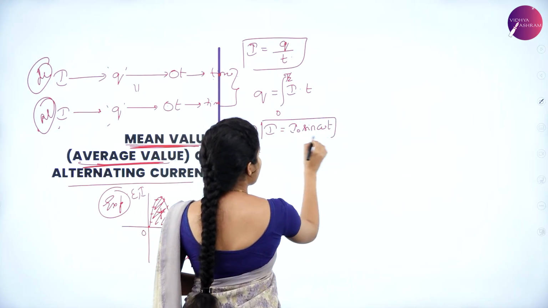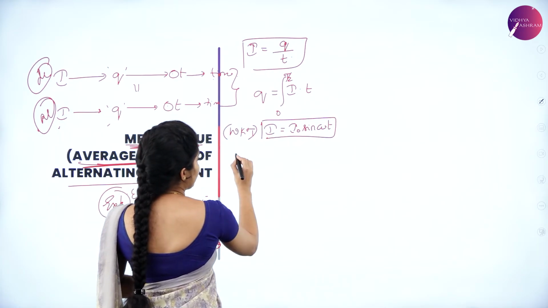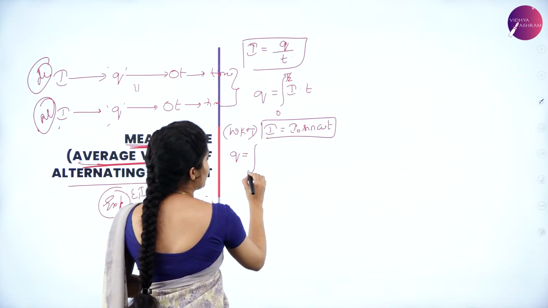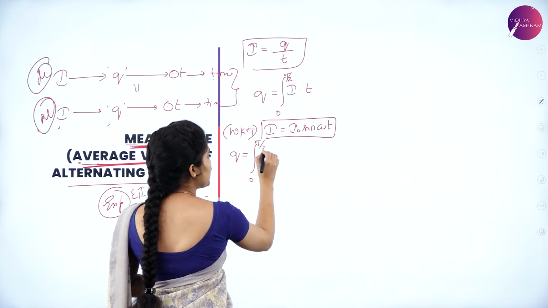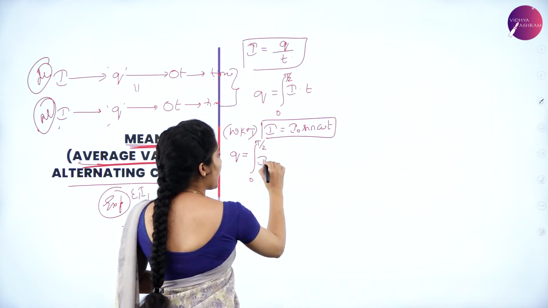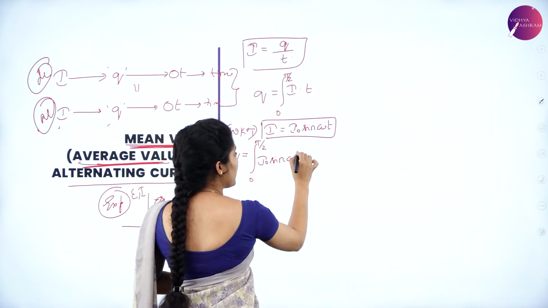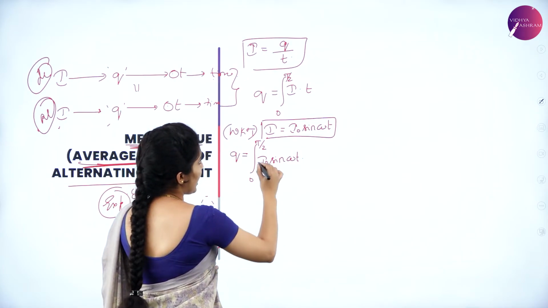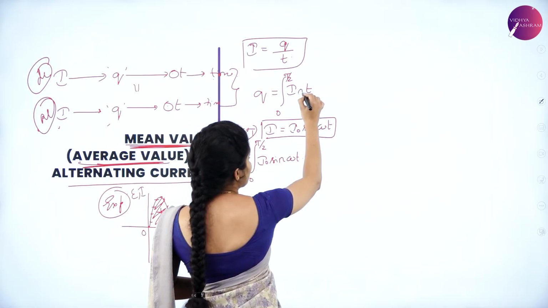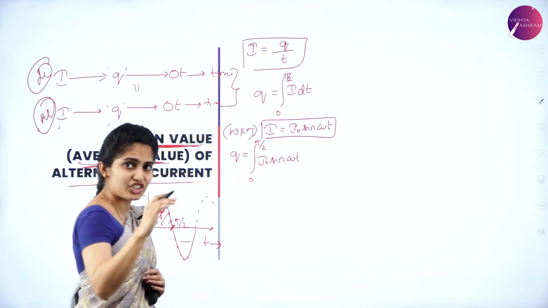So substituting in this, we have Q equal to the integral from 0 to T by 2 of I naught sine omega t dt, where t becomes dt because it is an integral over change in time.